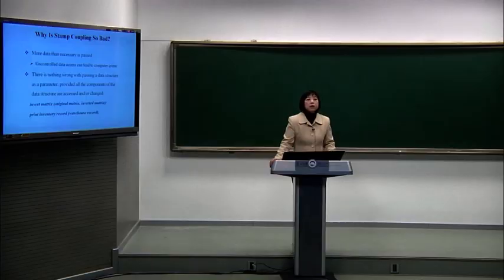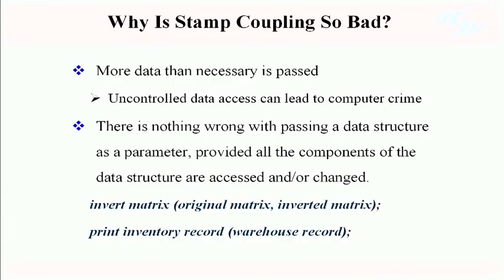So more data than necessary is passed, and uncontrolled data access can lead to computer crime, right? Well, surely there's nothing wrong with passing a data structure as a parameter, provided all the components of the data structure are accessed and changed.